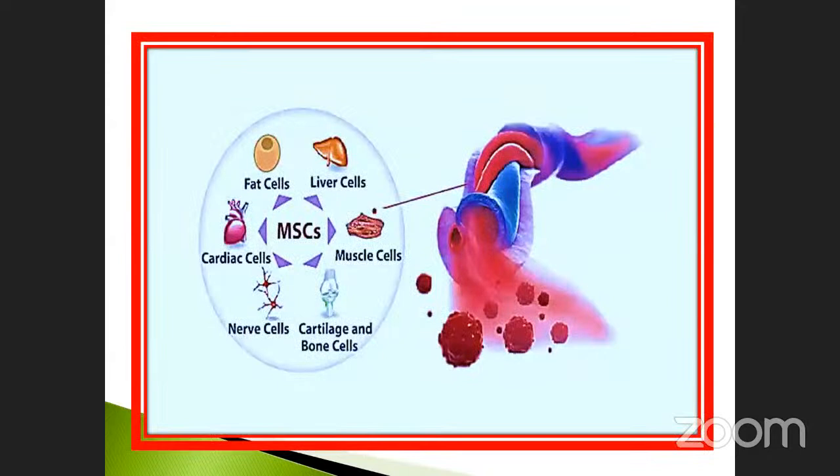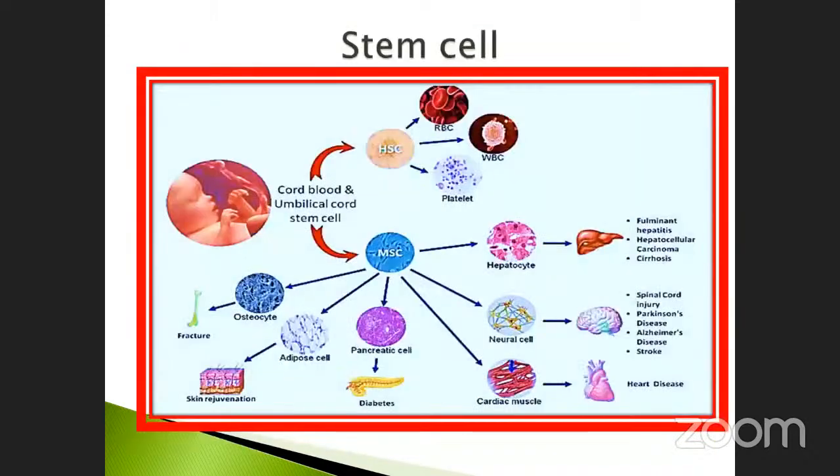We already saw those ideas, isn't it? What cells are present in it? What cells are derived from stem cells during pregnancy? These are the stem cells: osteocytes, adipose cells, pancreatic cells, neural cells, and hepatocytes. These cells are also isolated from the major stem cells.